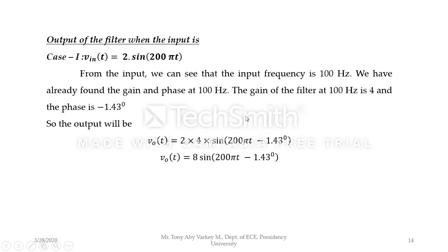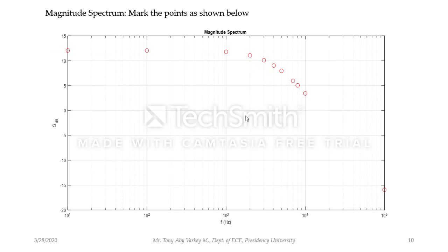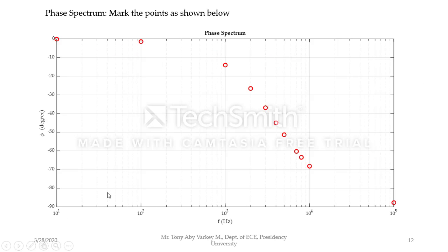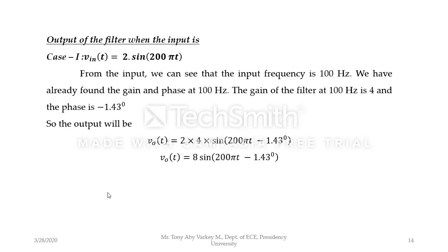Now from the table, we have already found out the gain and phase at 100 Hertz. So gain at 100 Hertz is 4 and the phase is minus 1.43. That is what we have written here. The gain of the filter at 100 Hertz is 4 and the phase is minus 1.43.